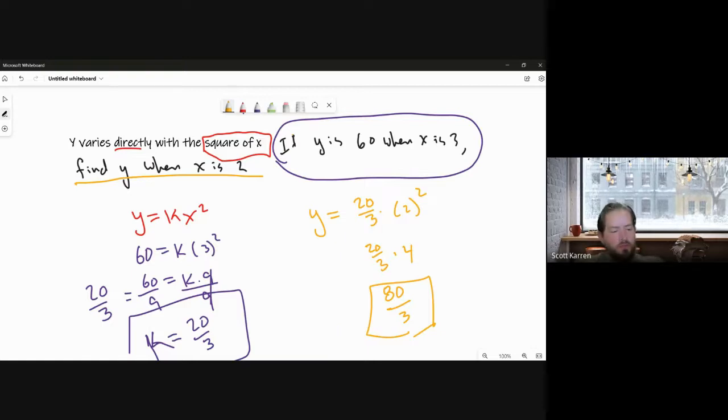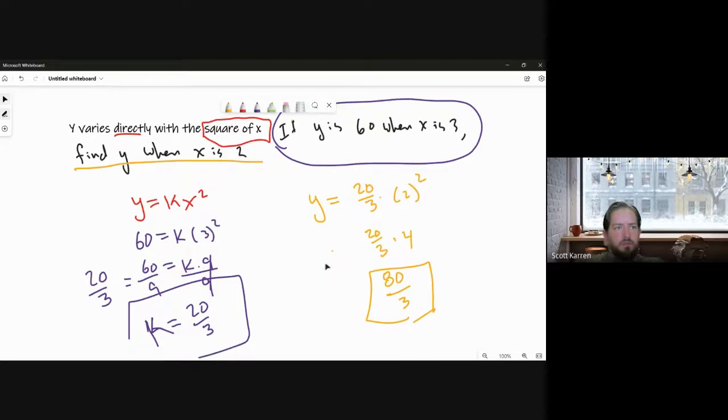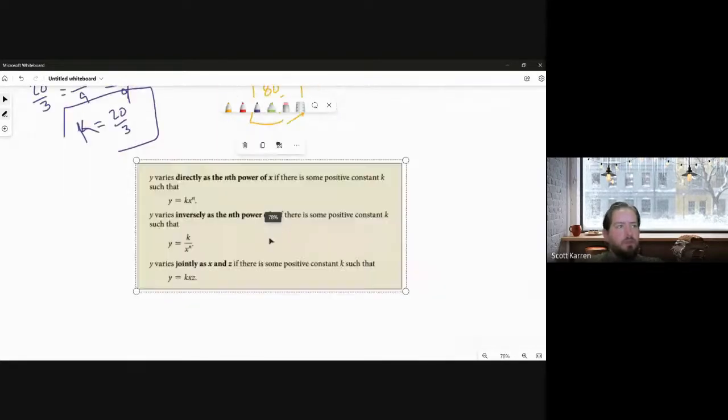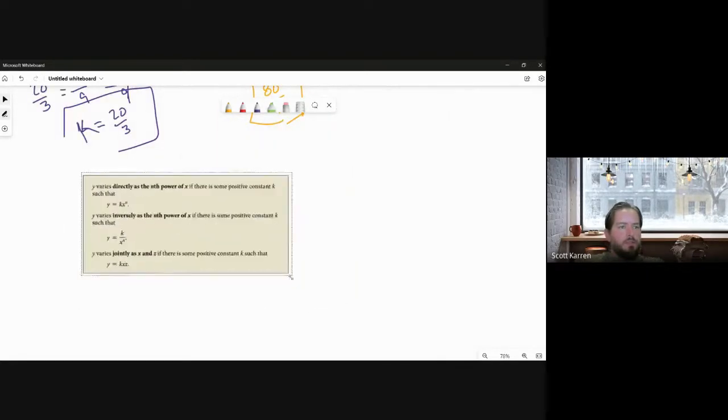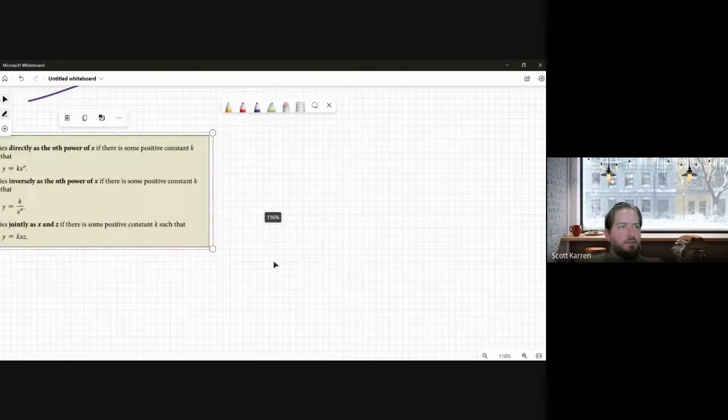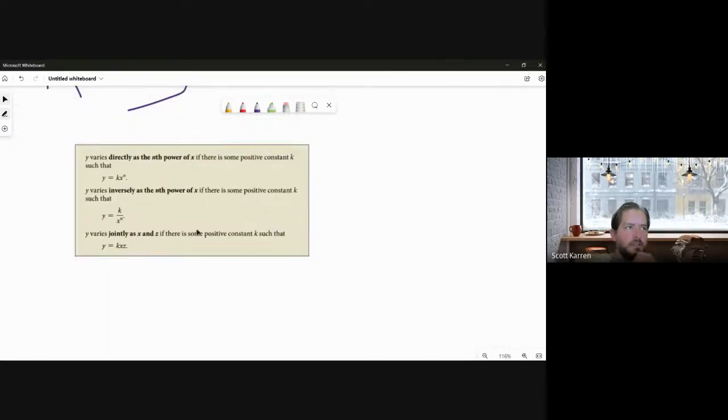And there's a few others. I won't go through these ones unless, I mean, if somebody asks me to, I certainly won't shy away from it. But they're not as common or interesting. So here, if y varies directly with the nth power, so like we just did a square, then we get y equals k x to the n. So in our case, we get y equals kx squared.